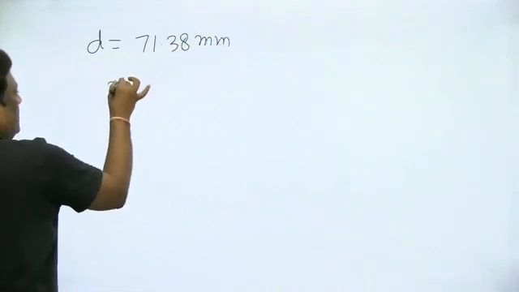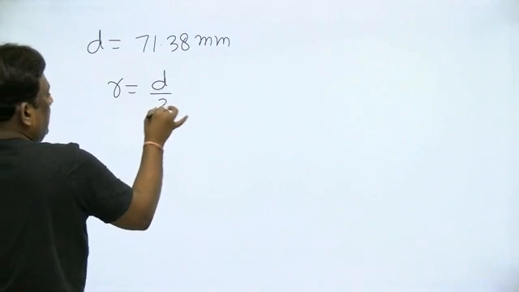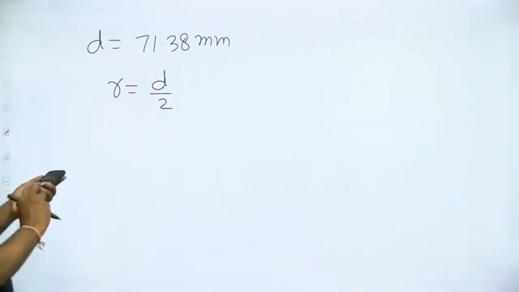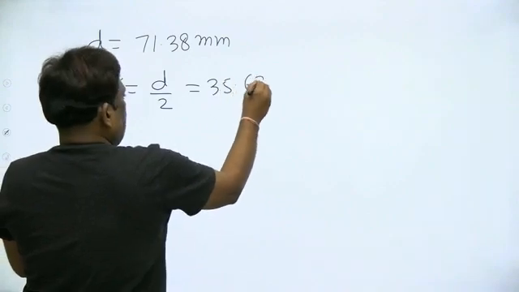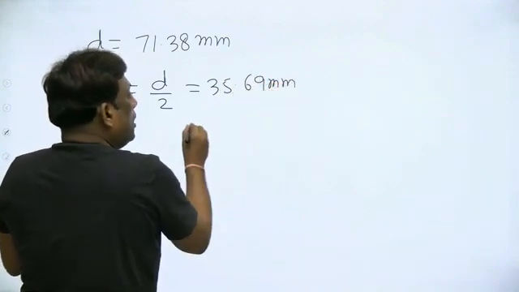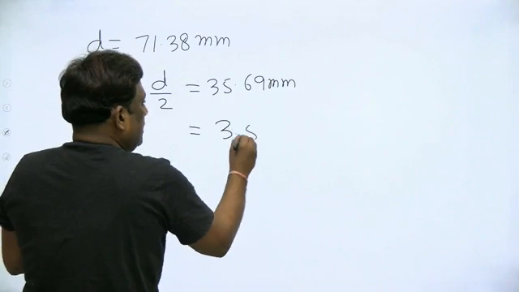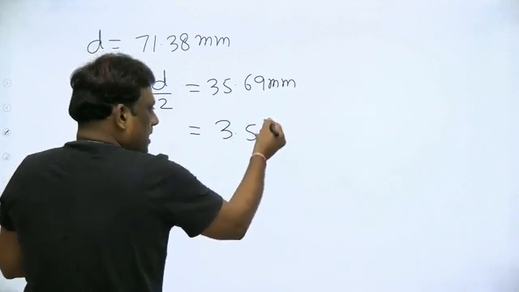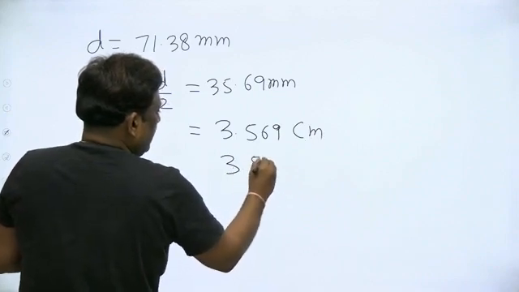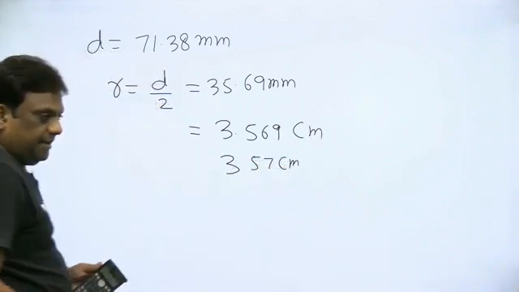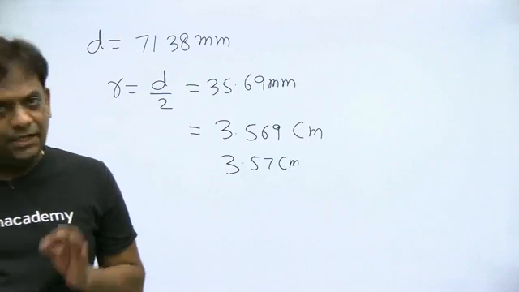If you want radius, radius is half of the diameter. So divide by 2 and you have 35.69 mm. And if you want in centimeter, it will be 3.569. If you are rounding it off, this will be 3.57 centimeter. Is it clear?